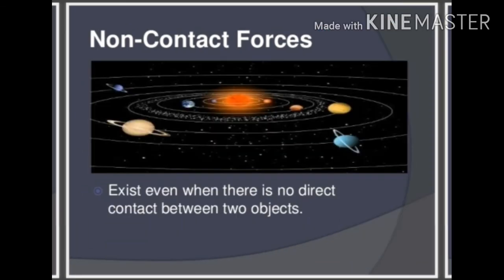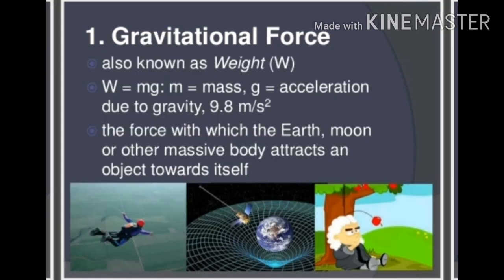Non-contact forces. The forces exist even when there is no direct contact between the two objects. Such forces are non-contact forces. Gravitational force. This is also known as weight. W equals mg. M is the mass, g is the acceleration due to gravity, and its value is 9.8 meter per second square.